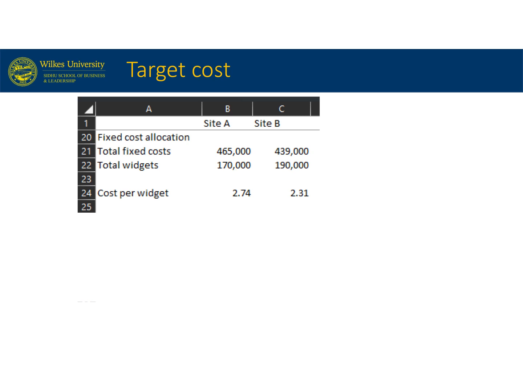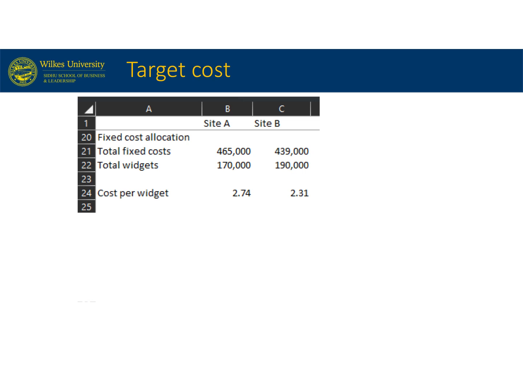For the next computation, we'll work on determining which site should be opened. Our first step is, given the market price, what is the cost per widget at each location if the fixed overhead costs are assigned to products based on the estimated number of widgets that will be manufactured. To do that, we need to determine how much overhead we have to allocate per widget. We know that the fixed overhead is allocated based on the number of widgets, so we have a simple math problem.